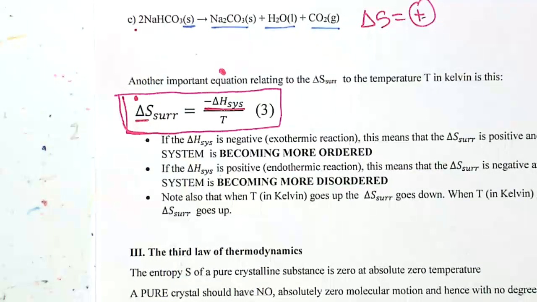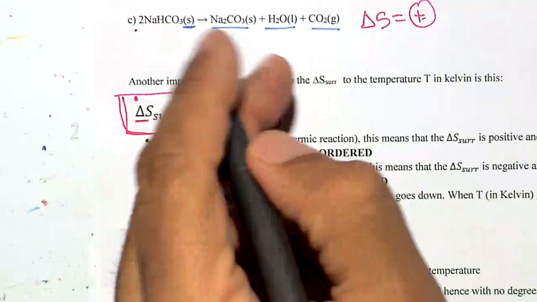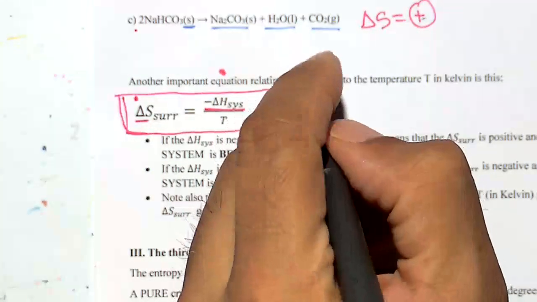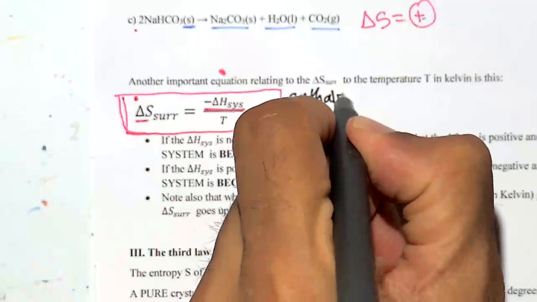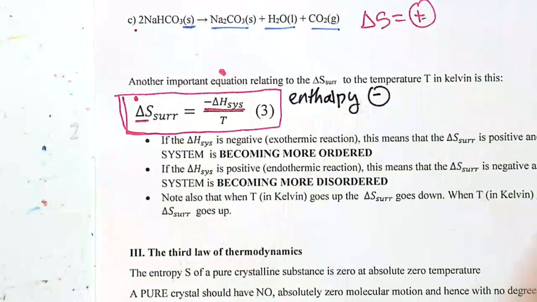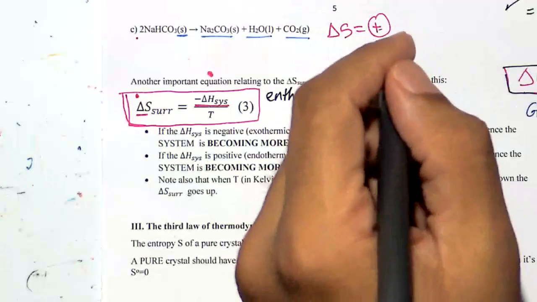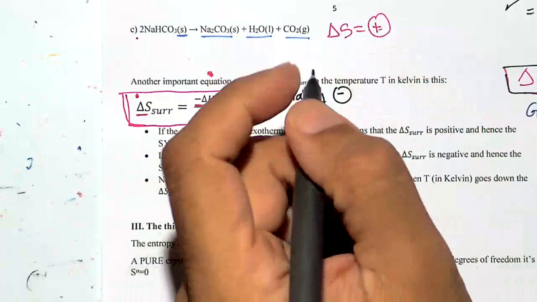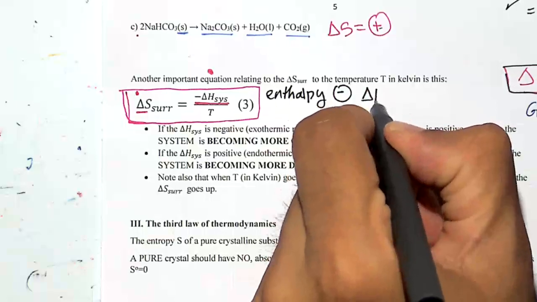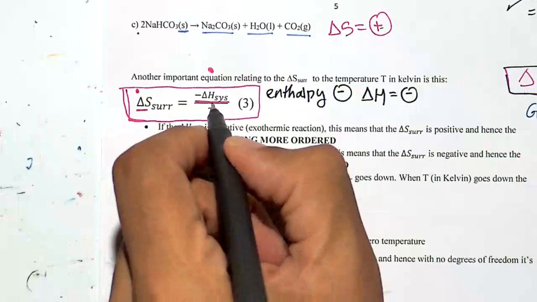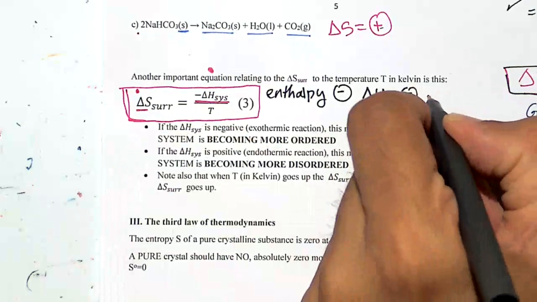Okay. So if we have a situation where your enthalpy is negative, remember enthalpy is delta H, if your delta H is negative, that is an exothermic reaction.